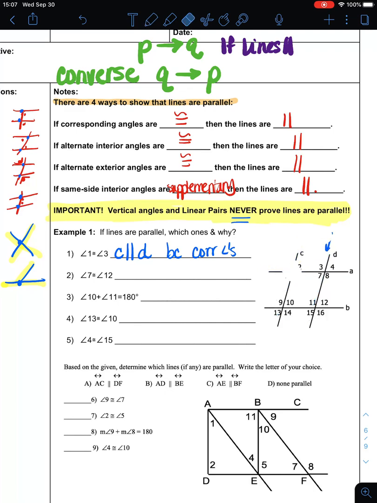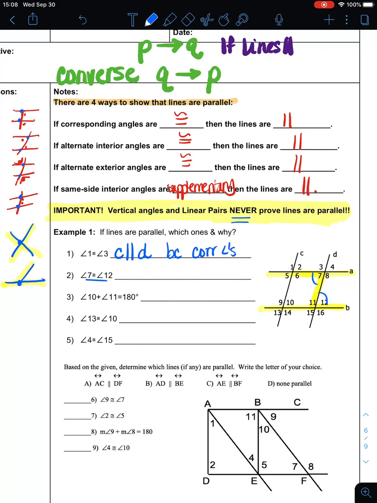Okay, so let's look at 7 and 12. Here's 7. I trace the sides of 7, and I trace the sides of 12. Notice if I extend those lines, I have my two lines that go in the same direction, and my transversal is D. So 7 is congruent to 12, and they are alternate interior angles.